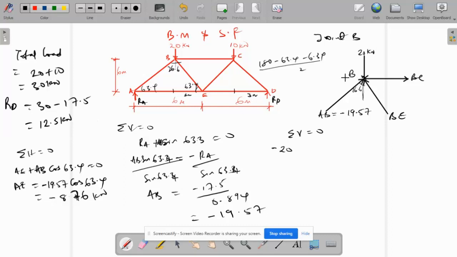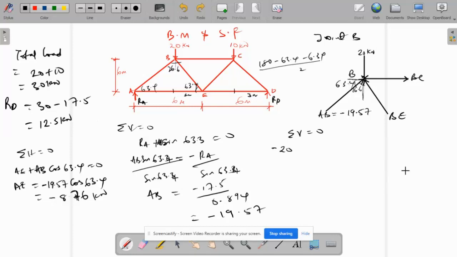This angle we are having here, we're going to work with the balance of this angle, because what we have here is 90 minus 26.6, which is 63.4. So if we resolve this way, we consider this angle, if we're using 26.6.